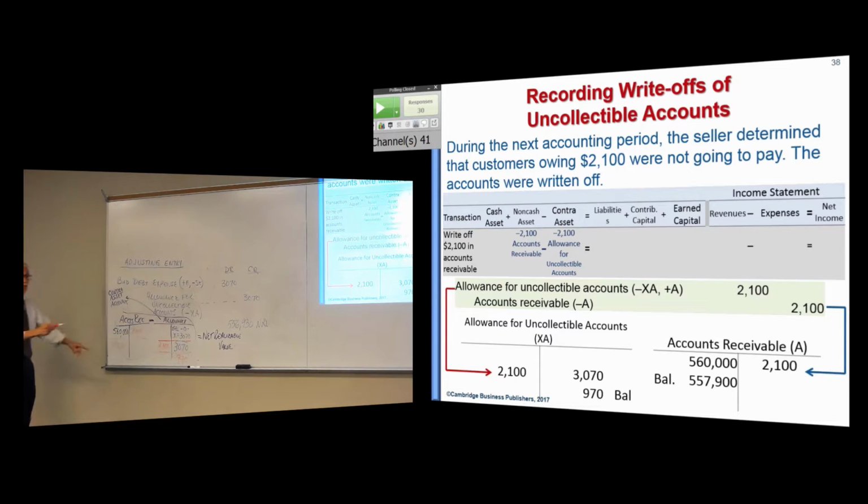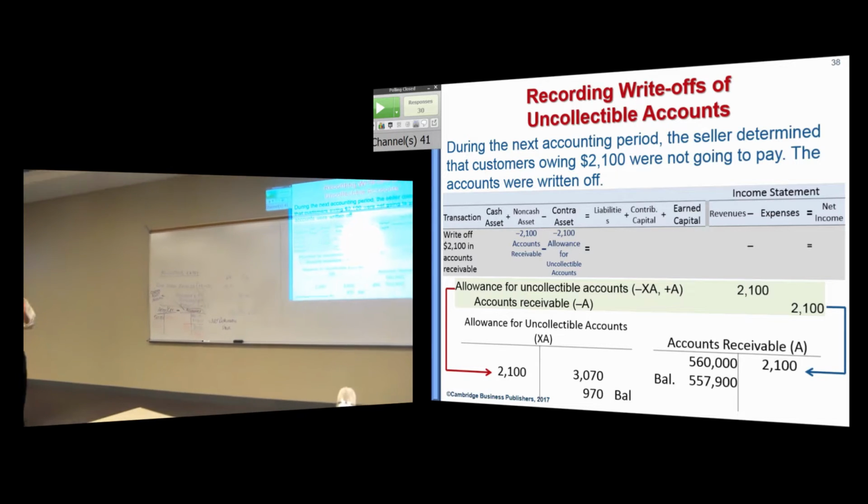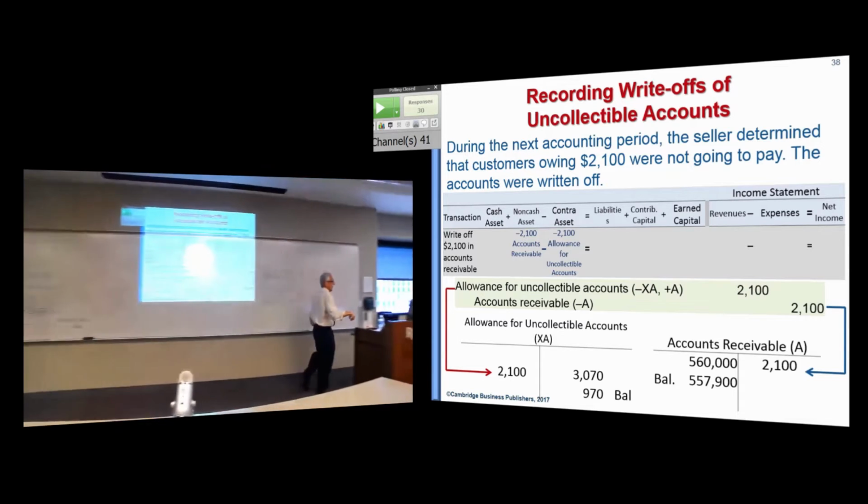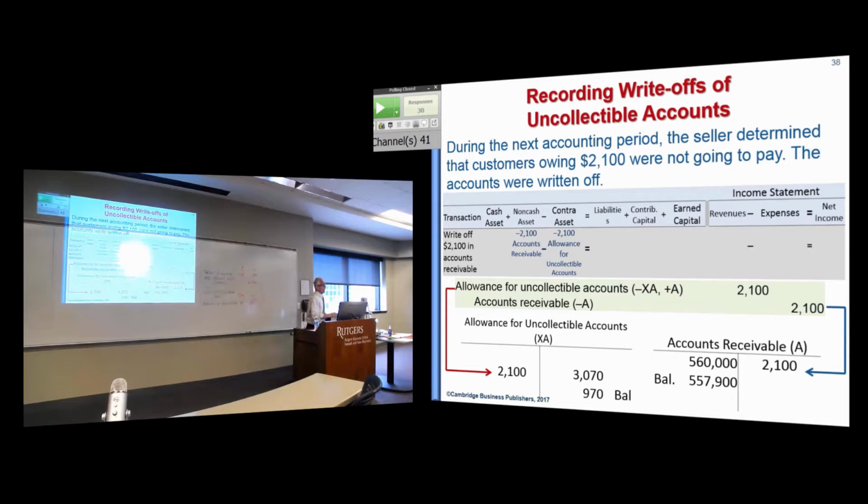You have it up on the screen, but that's the results. Now, when you write off an account, it is not an expense. You write it off against the allowance. The allowance is a cushion or a provision against which you will write off your bad debts. And the accounts receivable is a specific account that you remove from the ledger. Now, the balance can become a debit balance.